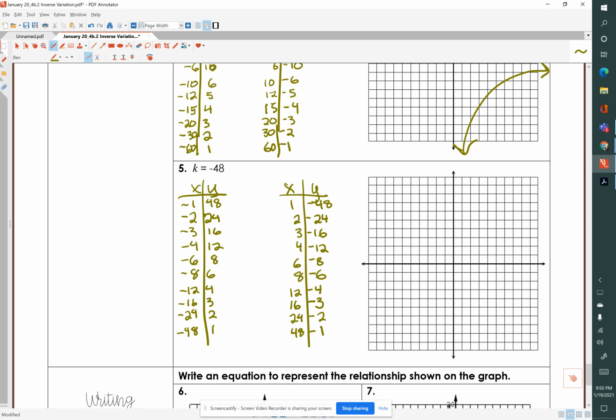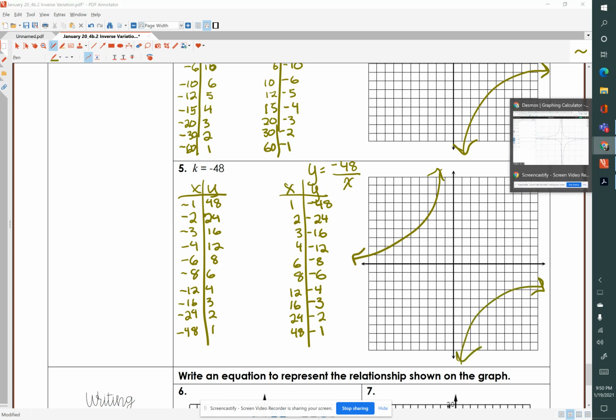So if our predictions so far led us to believe that negative inverse variation equations end up in the upper left and lower right quadrants, then that should be what we find with this one. We should find something that looks similar to this.